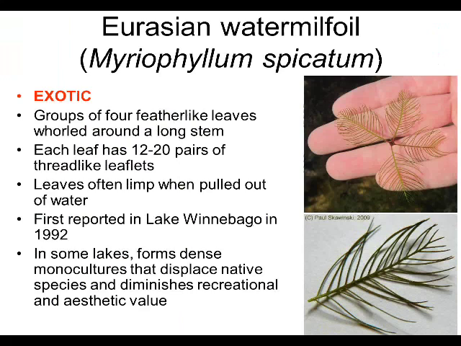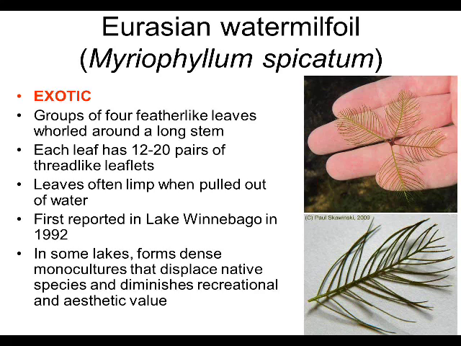Like I mentioned, this is an exotic species introduced from Europe. The identifying characteristics for this particular plant are that there are four feather-like leaves surrounding a long stem. Here you can see at the bottom there's one leaf, and then here are those four leaflets, or four leaves, surrounding one stem.